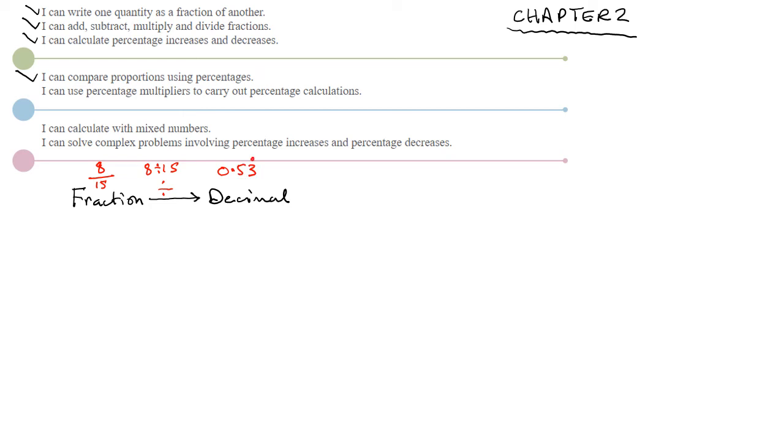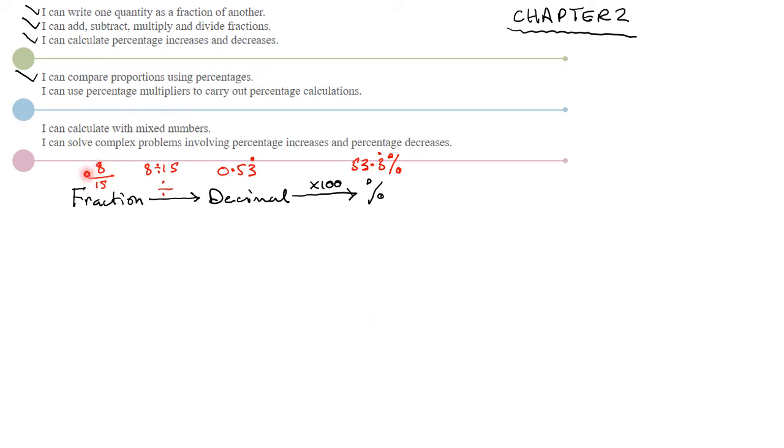So this is just an example. And then from there you times it by 100 to change it into a percentage. So if I do 0.53 recurring times 100, I'll get 53.3 recurring percent.